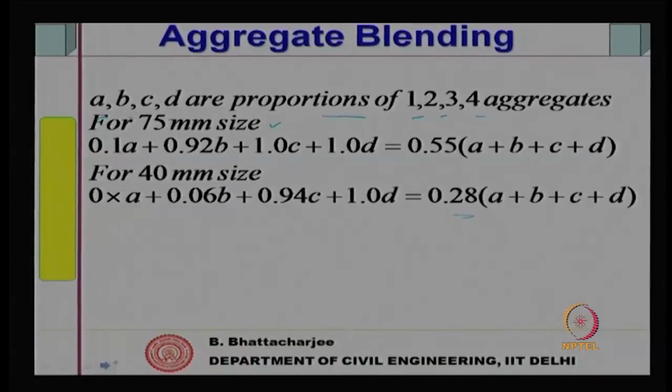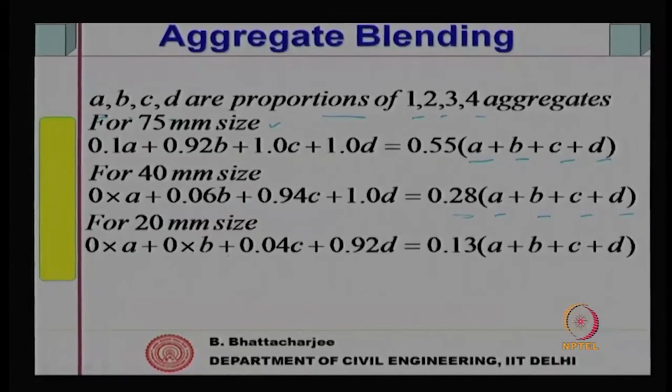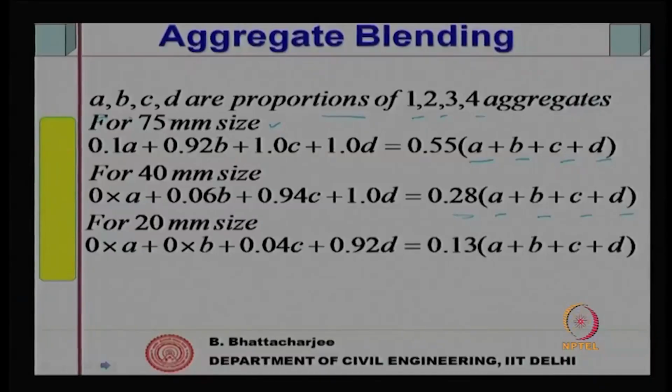I can set a third equation. Now, I must set 4 such equations because I have 4 unknowns. So, I had 150 mm, 75 mm, 40 mm, 20 mm and 10 mm; for these I can set 4 equations.